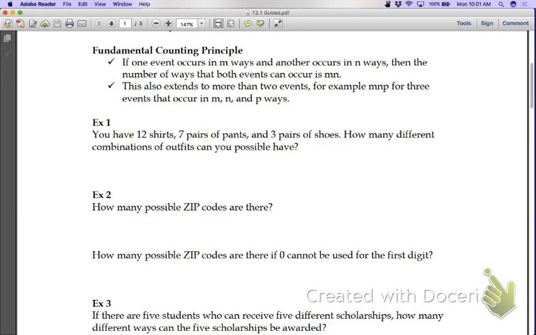Fundamental counting principle. If one event occurs m number of ways, and another occurs in n number of ways, then the number of ways that both events can occur is m times n. All of you woke up this morning, first day back from spring break, and you put clothes on. You had to figure out what you were going to wear.